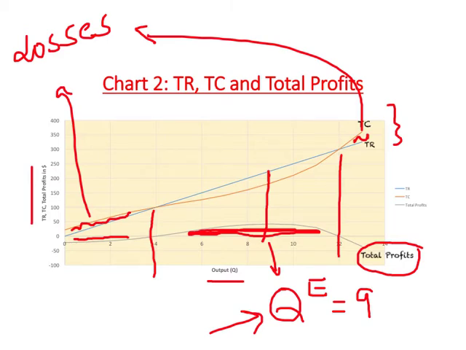To figure out the equilibrium point, you look at the maximum vertical distance of the total profit curve, or where total profit is the highest. Drop this to the horizontal axis, and once again you have determined the equilibrium level of output. So there are different ways for a firm to figure out the equilibrium level of output based on total curves.